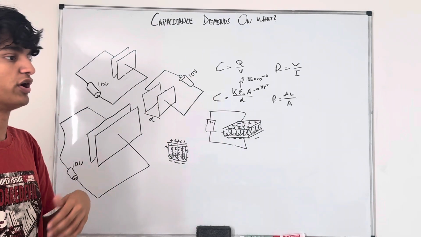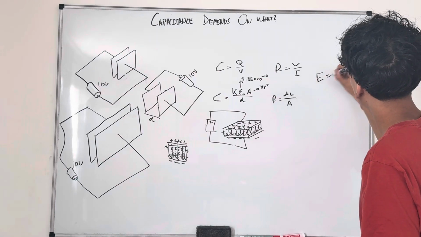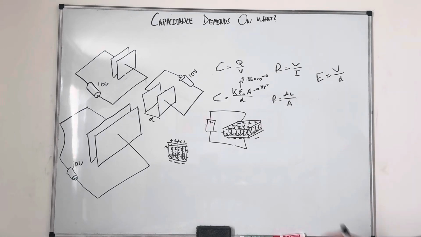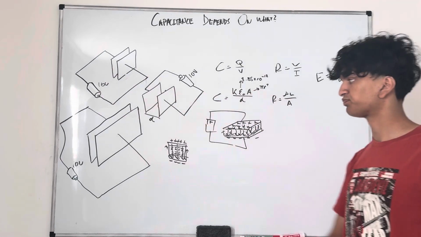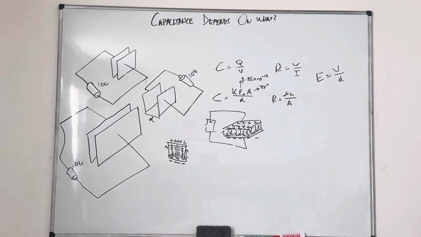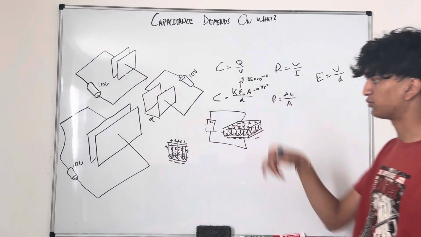And if we think about the equation, E equals voltage over distance, my voltage is the same because I have the same battery. Distance is the same because the dielectric didn't change the actual separation distance.